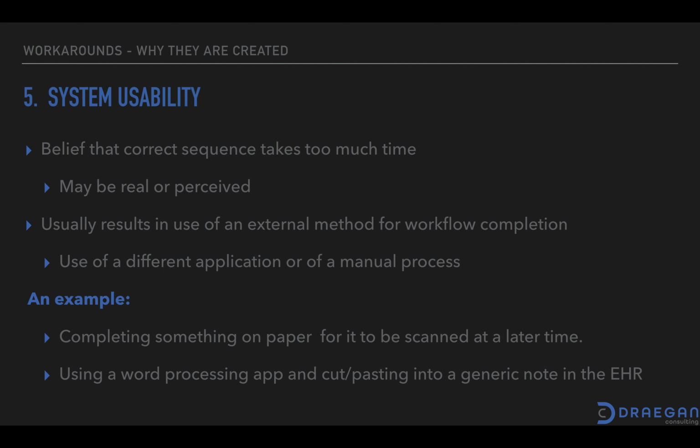So users would choose to incorporate a different application or would revert to a manual process because they think it's something that's quicker. One of the examples that I came across a lot was order reconciliation. Medication reconciliation was a process that providers got very, very used to doing in a very quick manner on paper. They could simply write on the paper, if appropriate, that you would continue all meds.